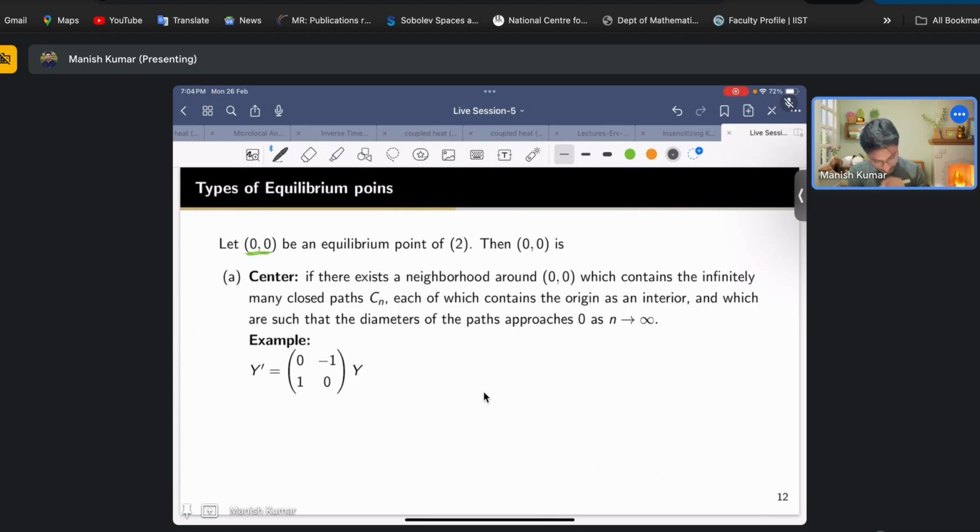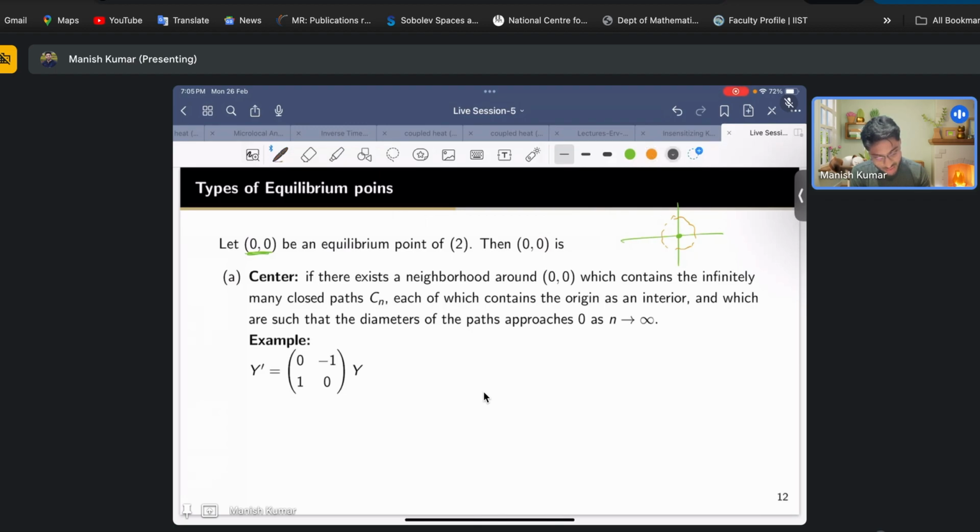This 0 0 equilibrium point is called a center if, let me explain it by picture, there exists a neighborhood around 0 0, suppose this is the neighborhood, which contains infinitely many paths Cn.